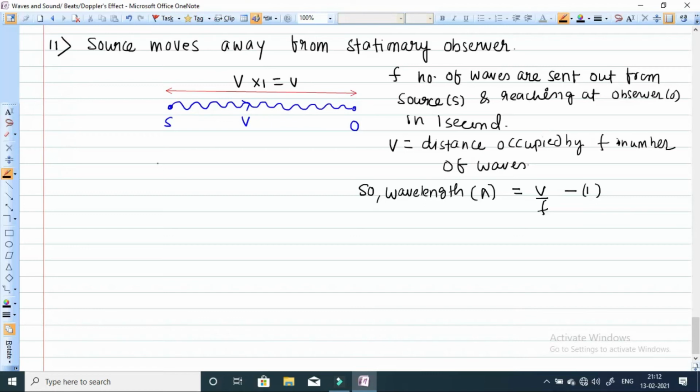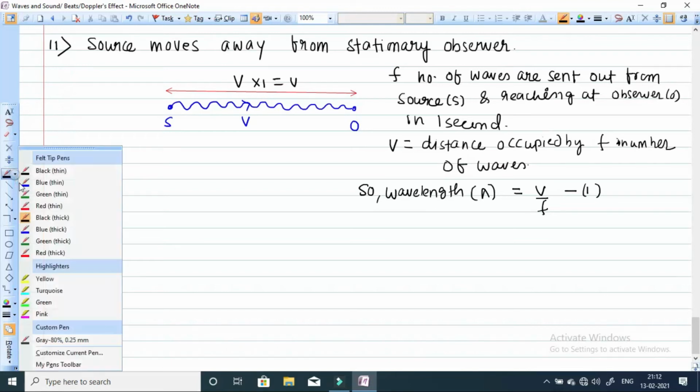But since this source is moving away from the observer, after 1 second, suppose this is the distance traveled by the source.